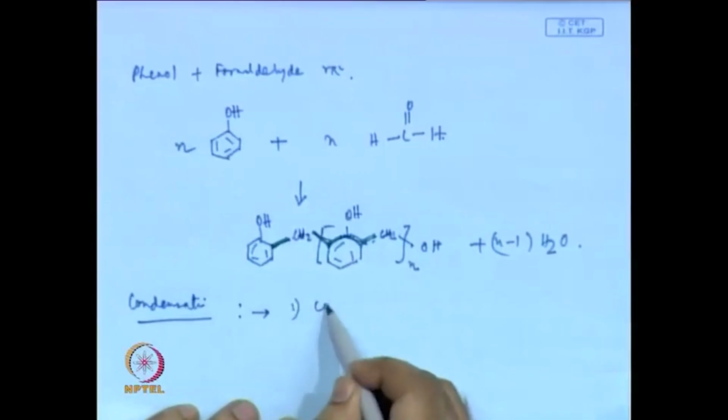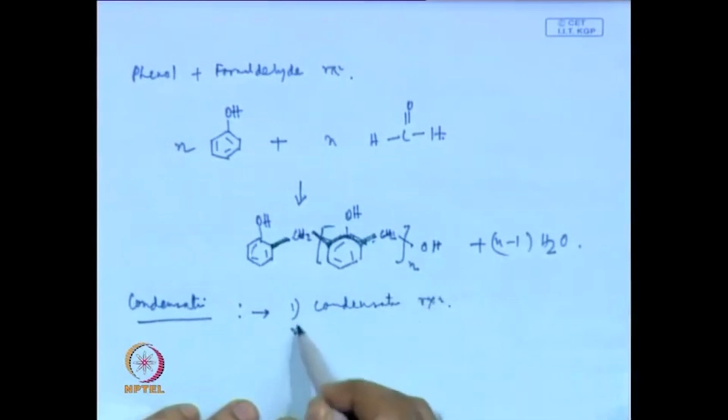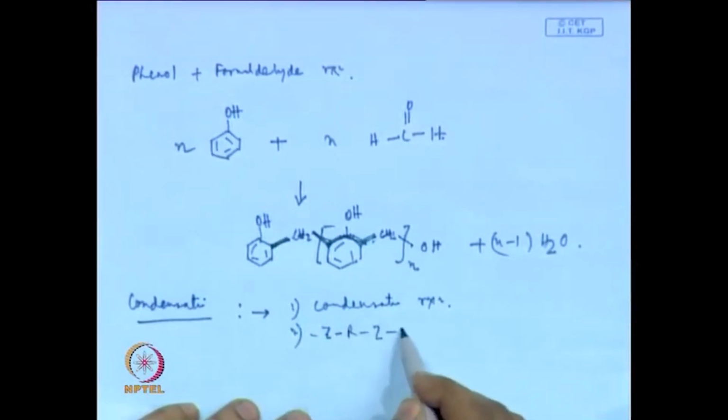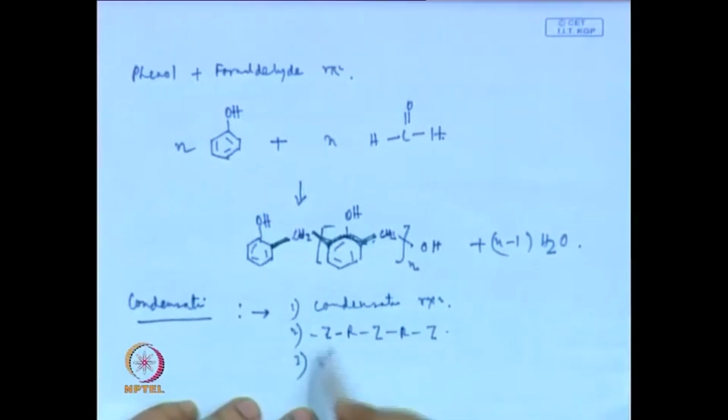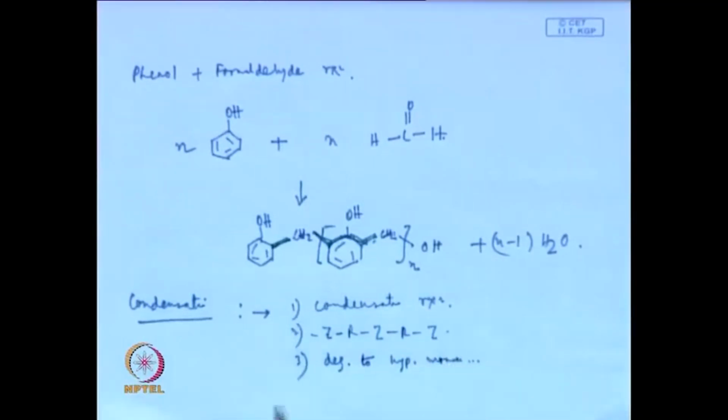One is made by a condensation reaction, or it has a functional group in the backbone, or it can be degraded to hypothetical monomers from which they can be synthesized, at least imagined that they are formed by condensation reaction or by elimination of some small molecules.